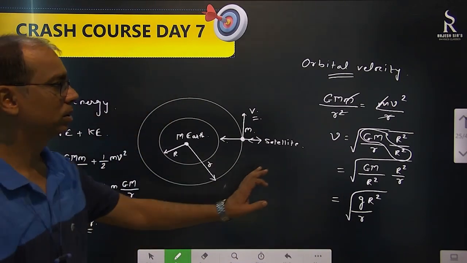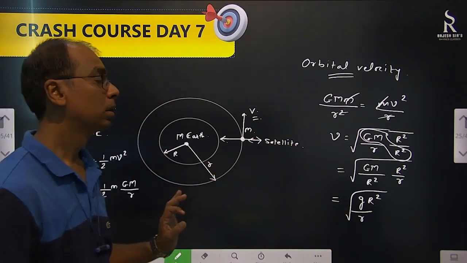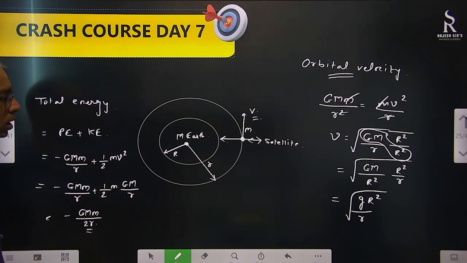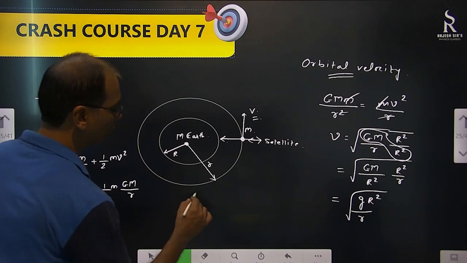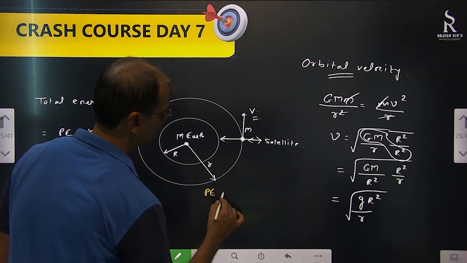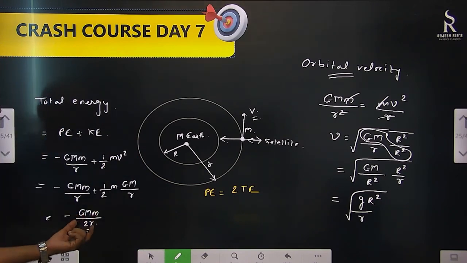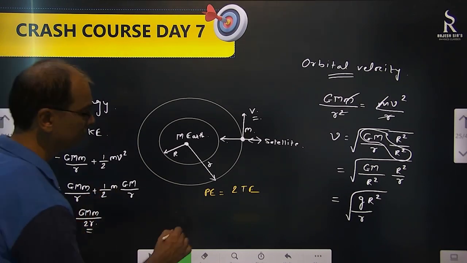The orbital velocity formula I gave you. What is potential energy, what is kinetic energy, and what is the relation with total energy. Okay, so potential energy is double of total energy, because this is minus GMm by 2r and this is minus GMm by r. Second thing, kinetic energy and total energy, their values are the same.